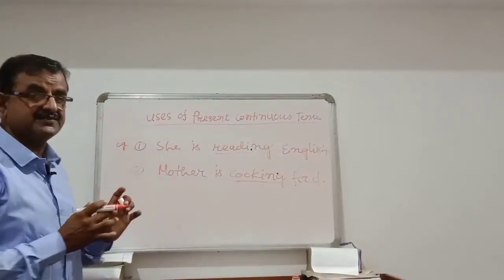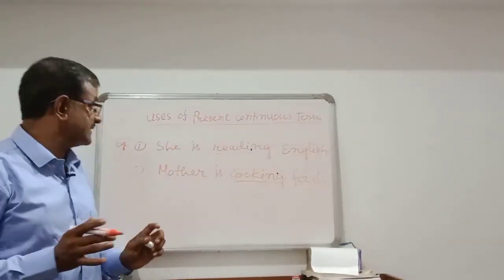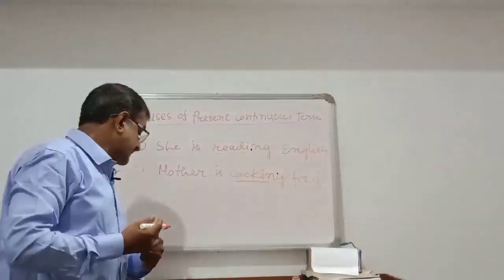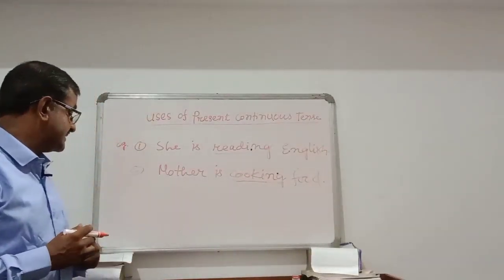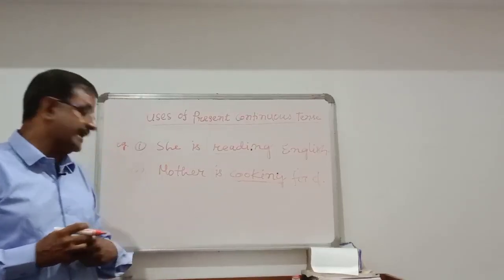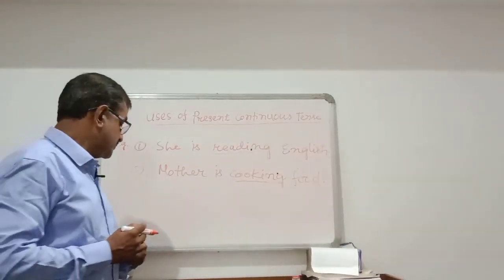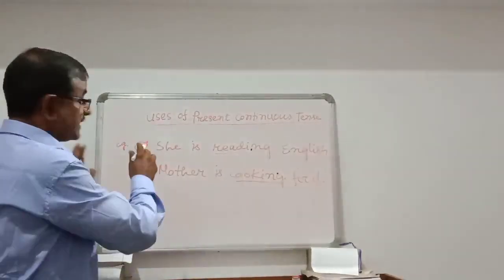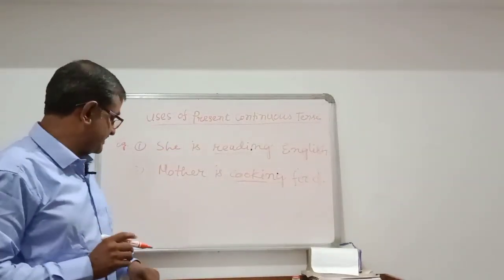So from these two examples, we have come to know that the action which is taking place at the moment of speaking, which is not yet complete, this tense is used to denote the action in the actual present time, which is not complete. That means it is incomplete. So it is the present continuous tense.